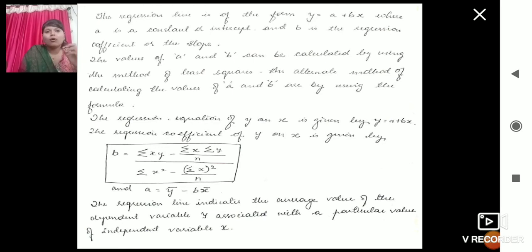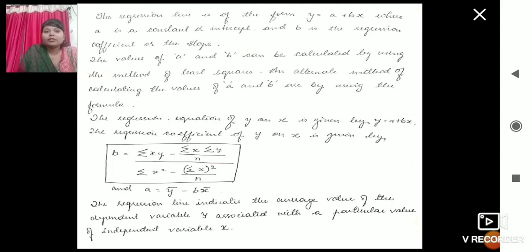The values of a and b can be calculated by using the method of least squares, or alternatively by using a formula. The regression equation of y on x is given by y equals a plus bx.